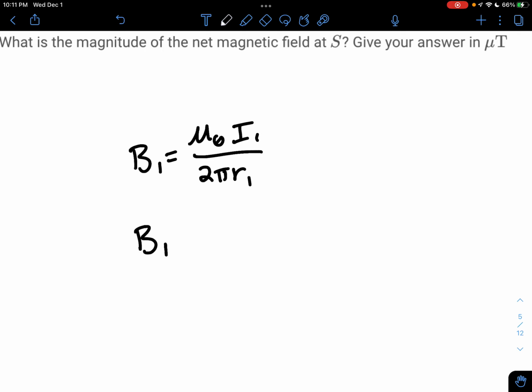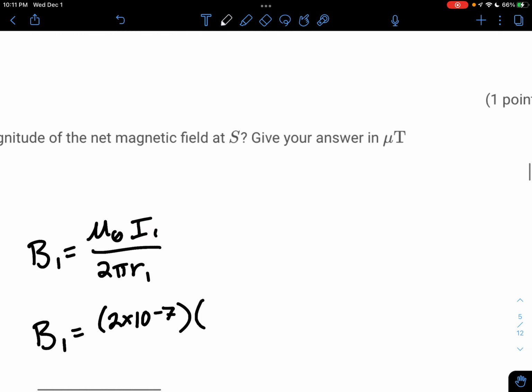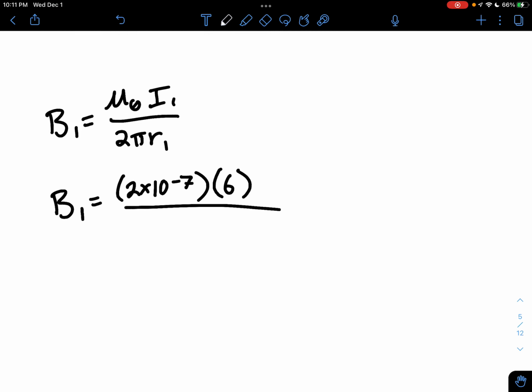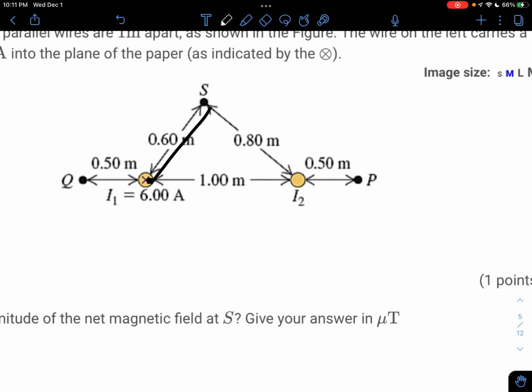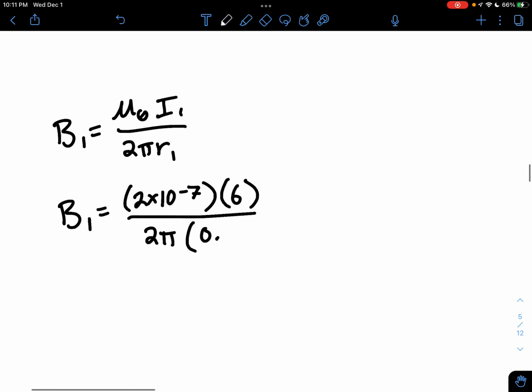Again, I'm just going to cancel this down because it's easier for me to think about: 10 to the negative 7 times our I1, which was 6, divided by R1, our distance from our wire to our S, 0.6 meters. I wrote all of that wrong, the 2 pi canceled out when I wrote this. So 0.6 is there. There's your B1.